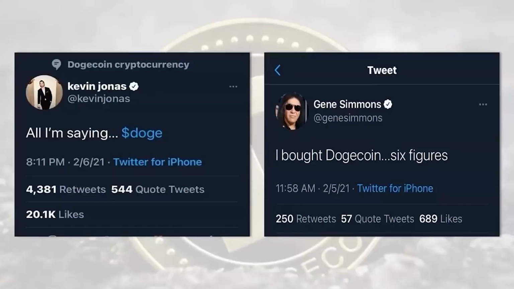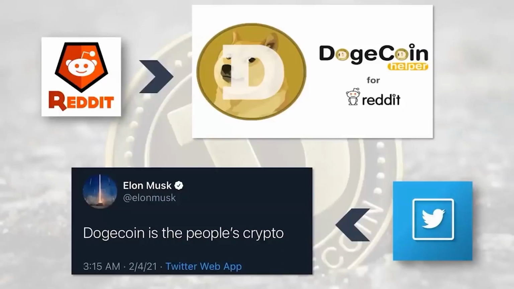Number 9. Widely represented on social media. Dogecoin has been widely represented on social media since its origin. Platforms like Reddit and Twitter adopted Dogecoin in its initial days and started promoting it by tipping Dogecoin to their content creators, which turned out to be a massive success for Dogecoin. Dogecoin began to catch the attention of every user on these platforms.